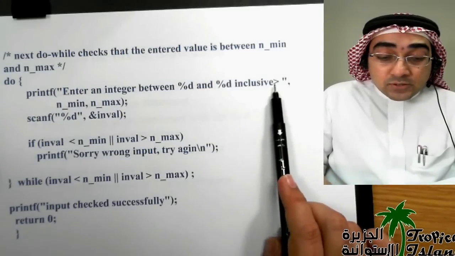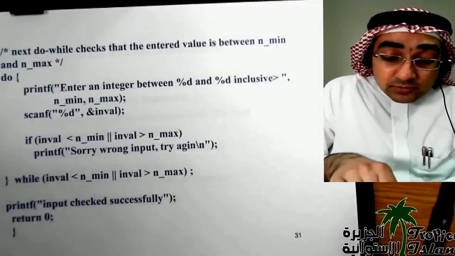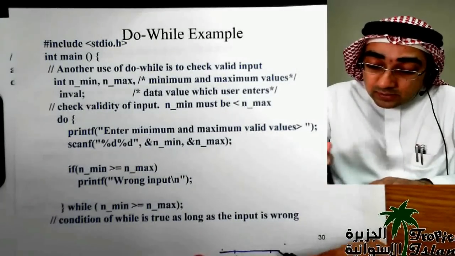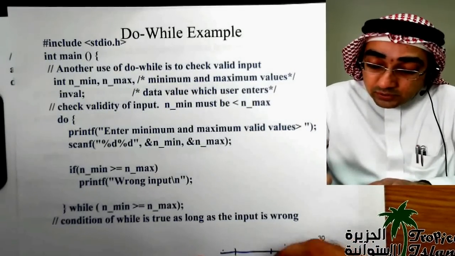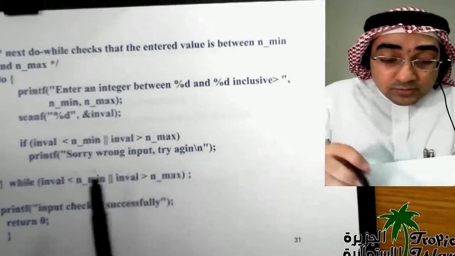So it has to be between the minimum and maximum. And then I'm going to read a number from the user. If the user enters a number that is over here or here, for example, which is outside the minimum and maximum, I have to tell the user, sorry, wrong input.